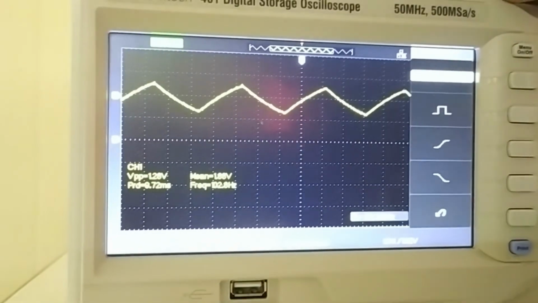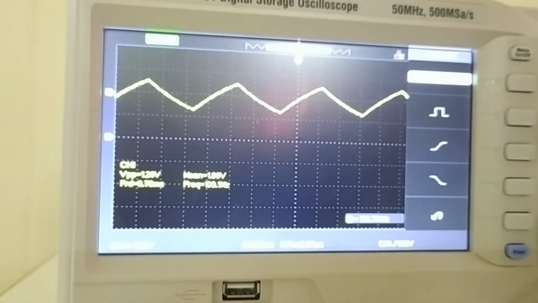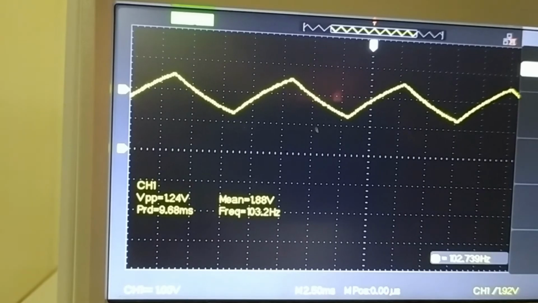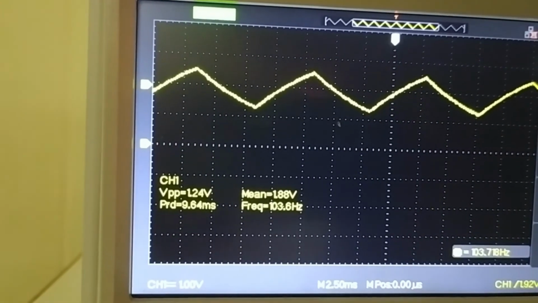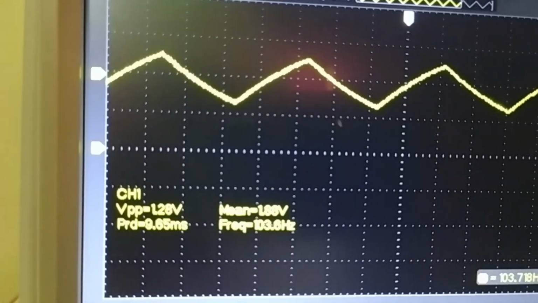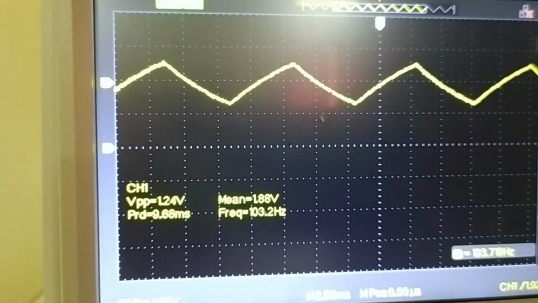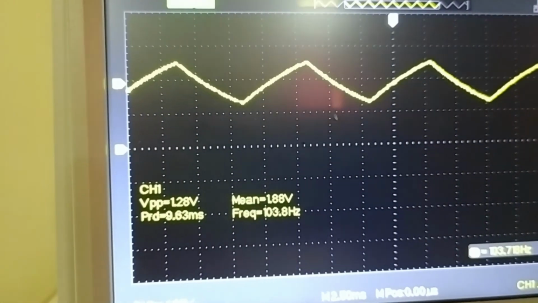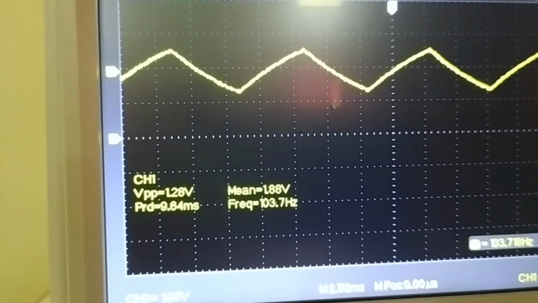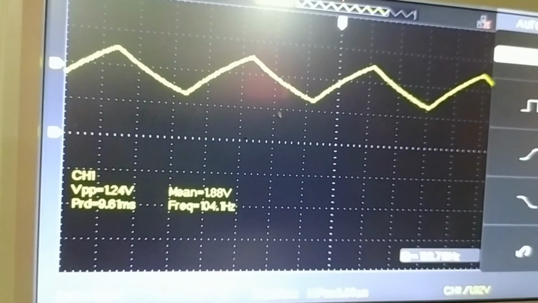Verify both the theoretical and practical values. At R5 we got a peak to peak voltage of around 1.28 volts. The frequency is 103.5 hertz. Note down these corresponding readings and calculate the time constant with the help of R5 and C. Compare theoretical and practical values.